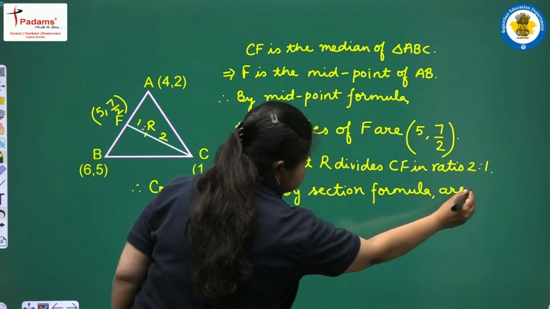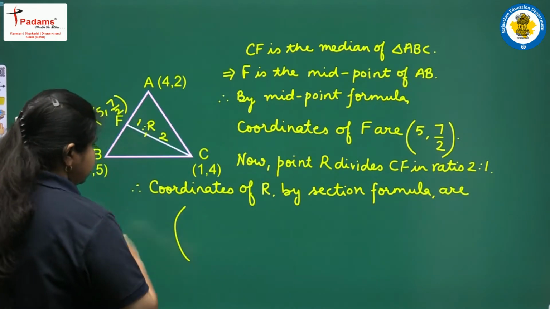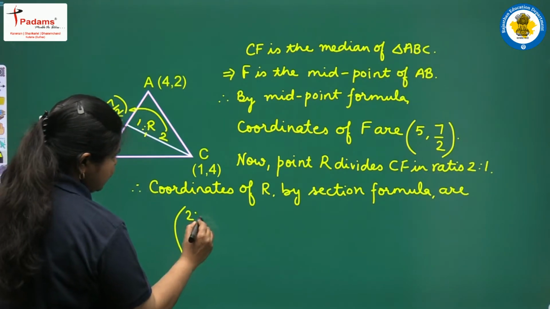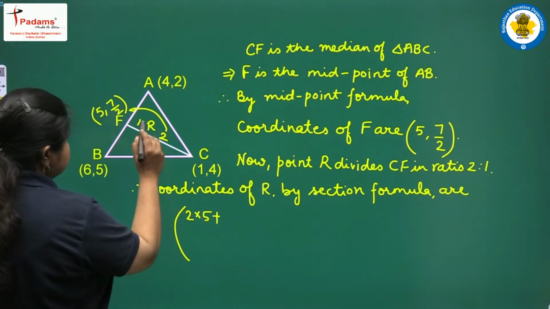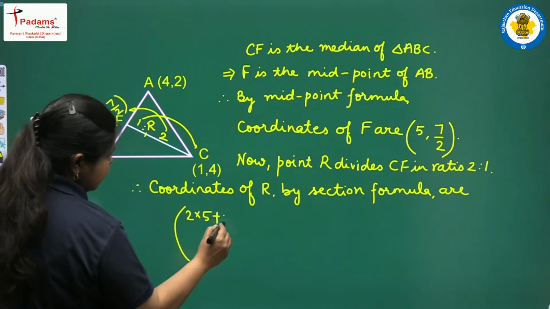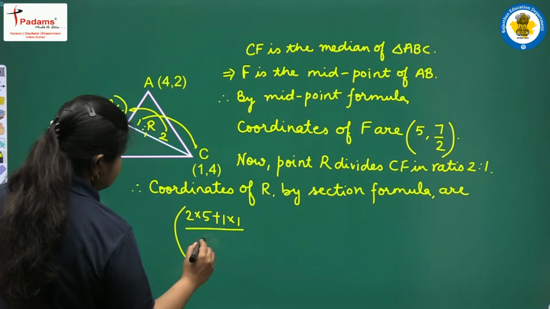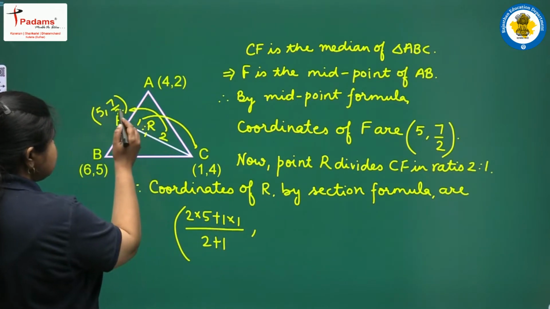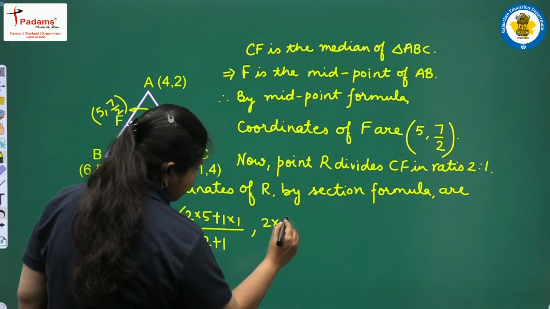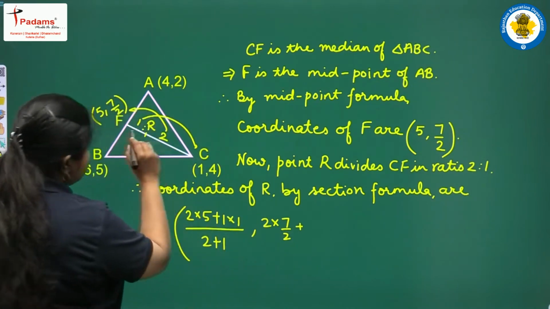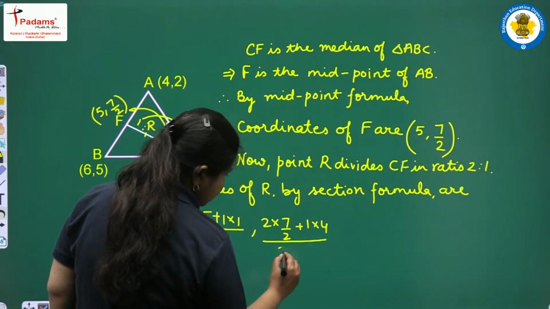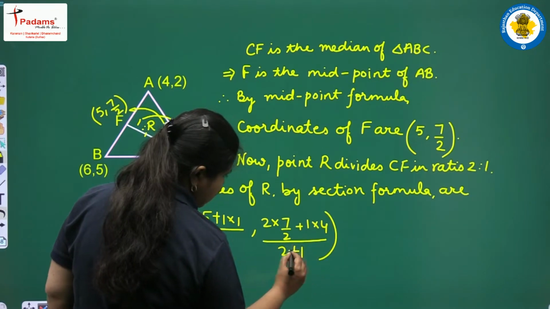We write them here. बताइए ये 2 मल्टीप्लाई होगा यहाँ पर 5 से 2 × 5 प्लस ये 1 मल्टीप्लाई होगा यहाँ पर 1 से 1 × 1 अपॉन 2 + 1. ठीक है. फिर ये 2 मल्टीप्लाई होगा 7/2 से और ये 1 मल्टीप्लाई होगा 4 से 1 × 4 अपॉन 2 + 1.